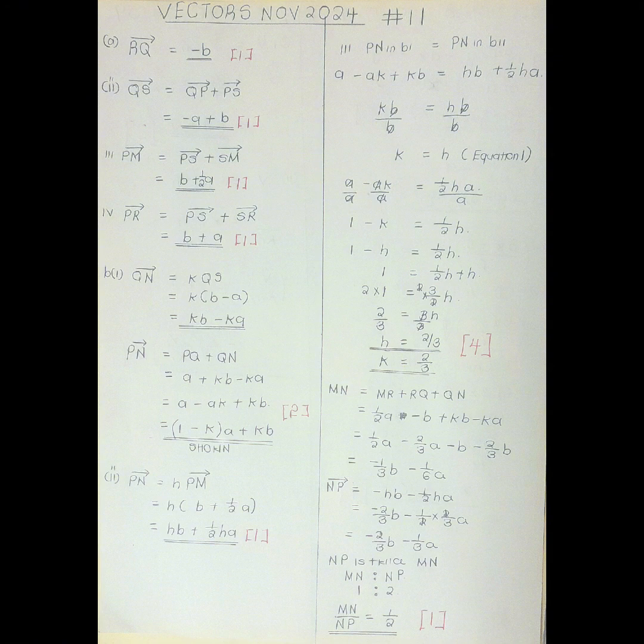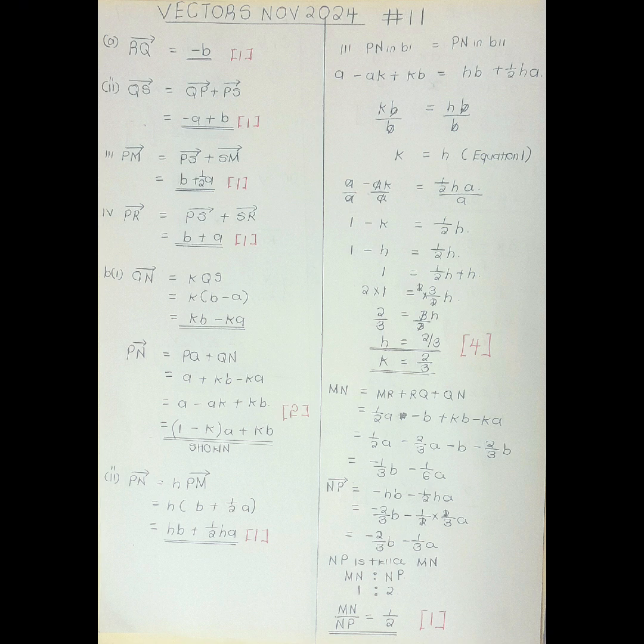And then last part, write down the numerical value of MN and NP. From M to N, it is MR plus RQ plus QN. We substitute correctly in order to get MN as minus 3B minus 1/6A. And our NP, we have PN, so if it is now NP, we have changed the direction. It is now minus HB minus half HA.